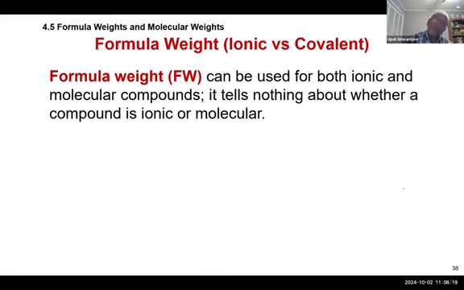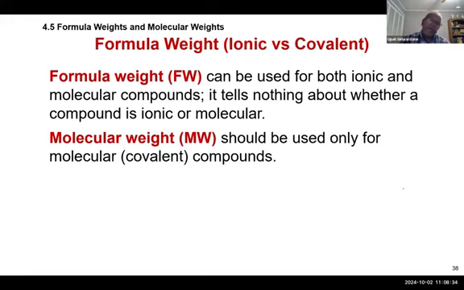Formula weight can be used for both ionic and molecular compounds. Sometimes formula weight is the same for ionic compounds and molecular compounds. But molecular weight is used for covalent compounds.